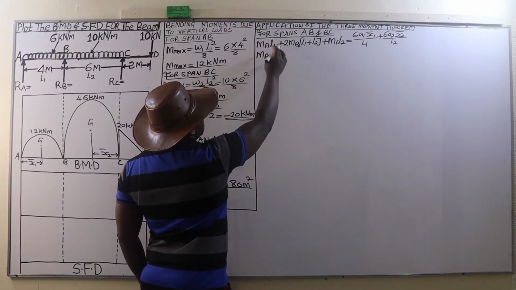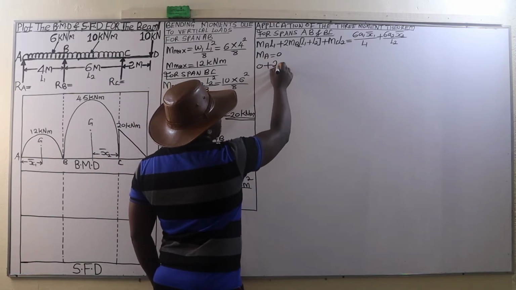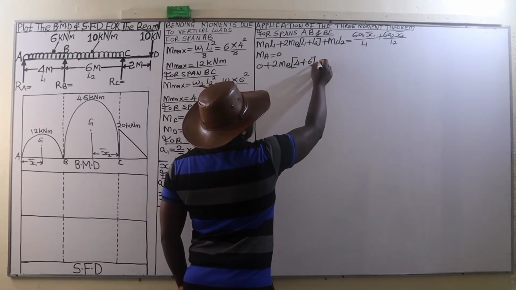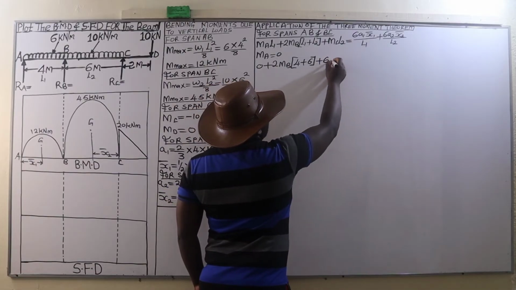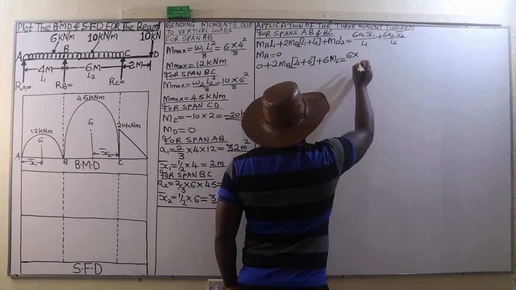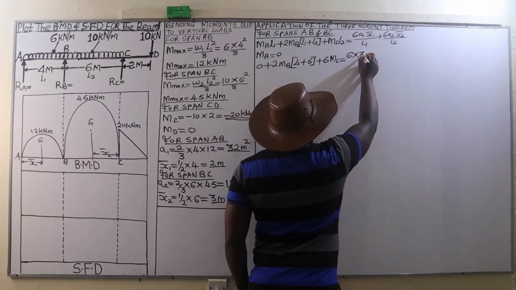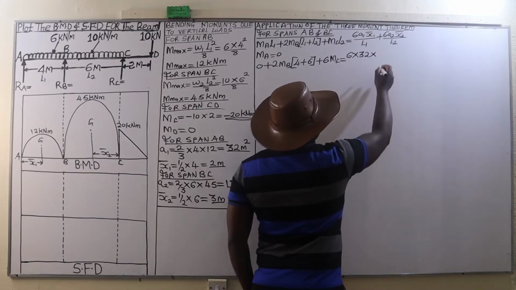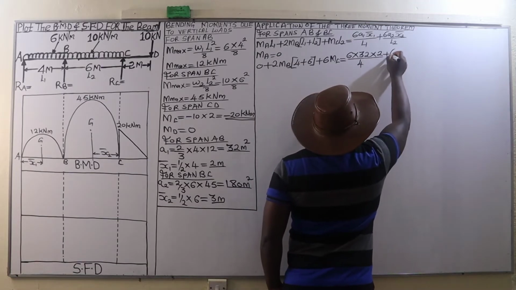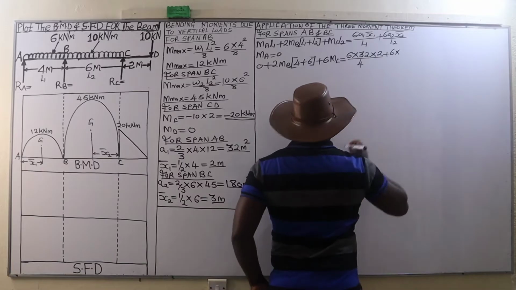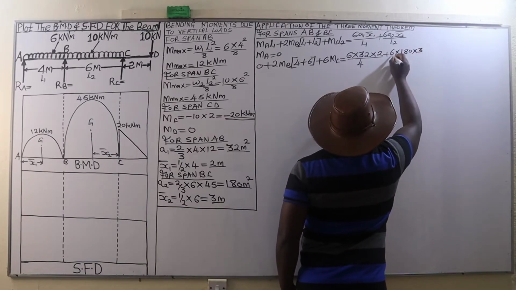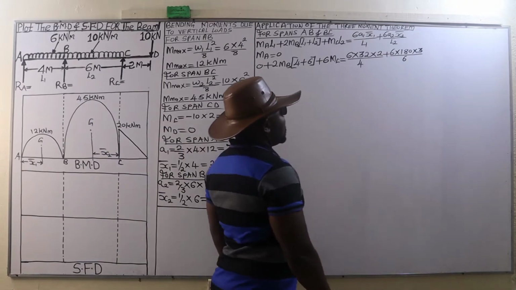Since MA is 0, this part is going to be 0, so we are going to have 0 plus 2MB into L1, 4 meters, plus L2, 6 meters, plus MC L2, that's 6MC, being equal to 6 multiplied by A1, which is 32 square meters, multiplied by bar X1, which is 2 meters, then we divide this by L1, which is 4 meters, plus 6 times A2, that is 180 square meters, times bar X2, which is 3 meters. Then we divide this by L2, which is 6 meters.